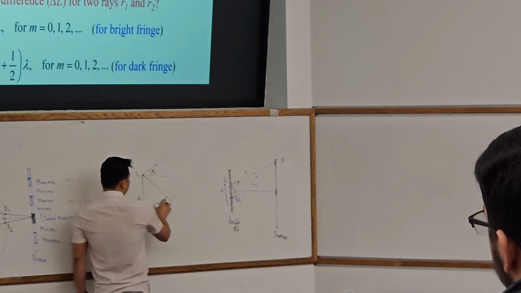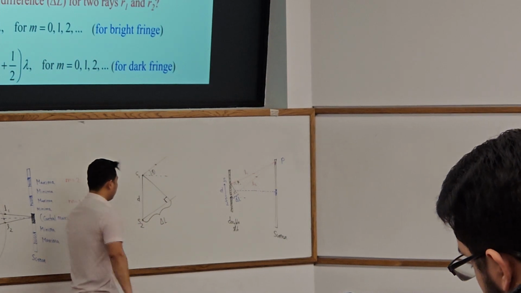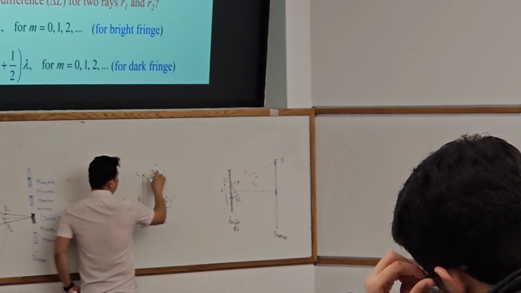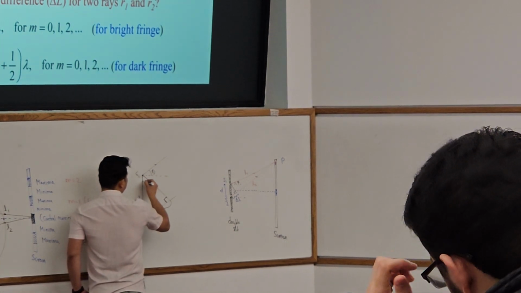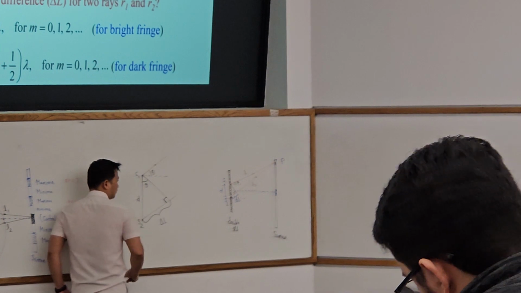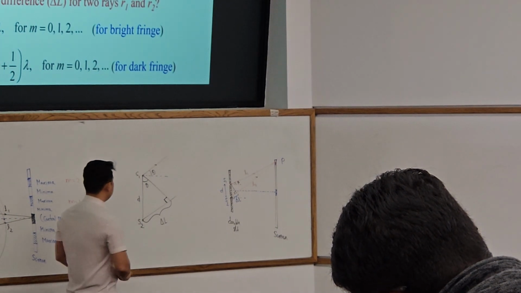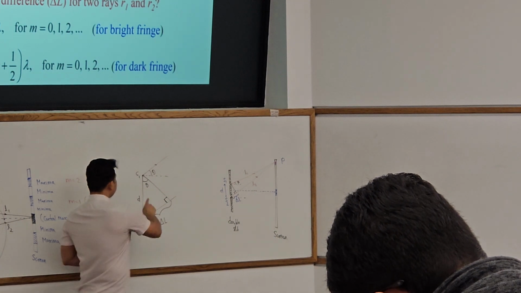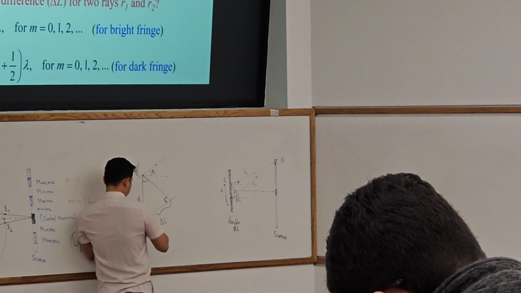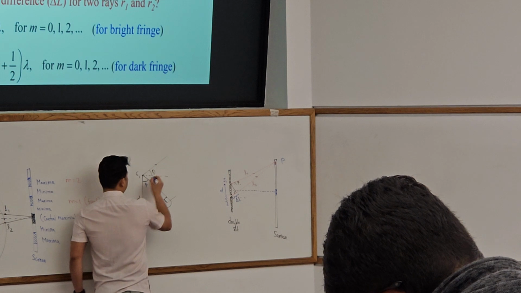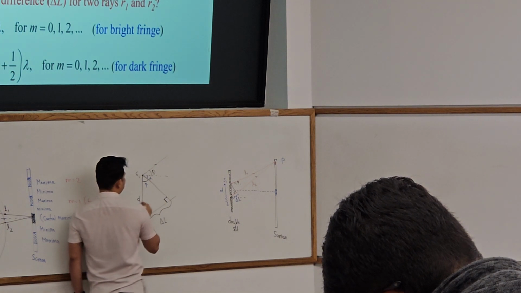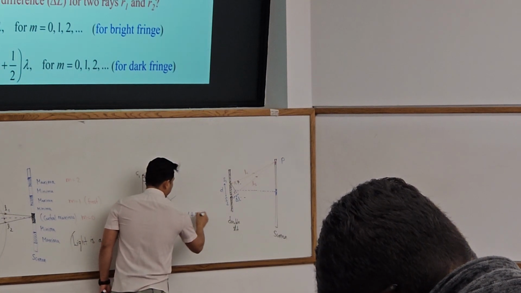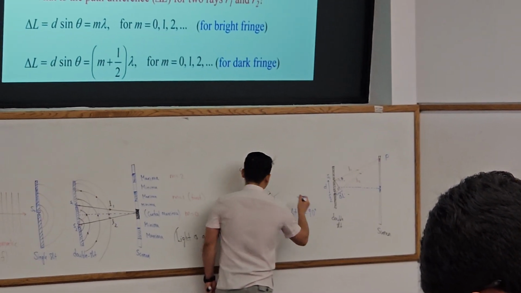This is a right angle triangle because one angle is 90 degrees, and if this angle is theta, I can prove that this angle is also theta. It's simple math. Say this is beta and this is alpha, and use the same method. This is a 90 degree angle, so alpha plus beta is 90 degrees.